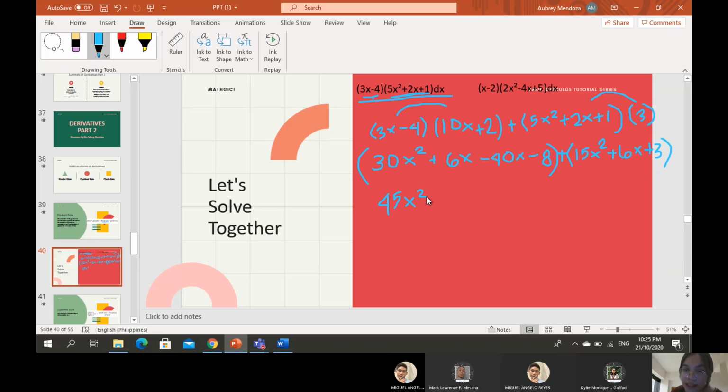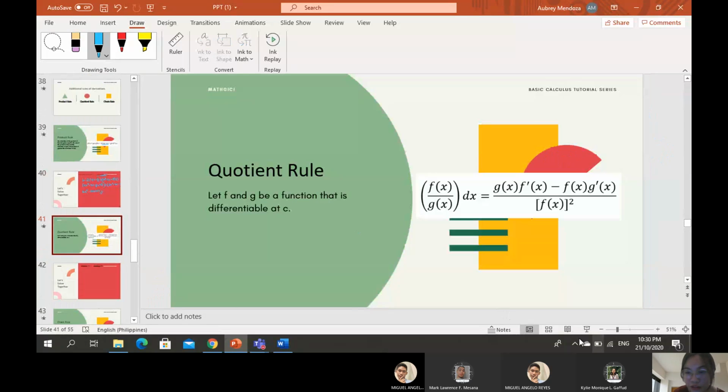And then 6x plus negative 40x plus 6x is equals to negative 28x. And then negative 8 plus positive 3 is equals to negative 5. So this is the final answer.